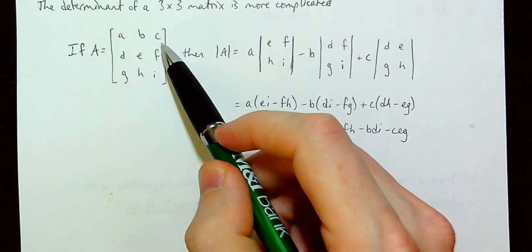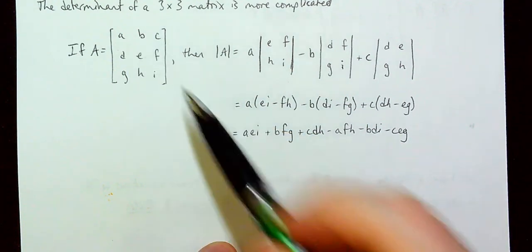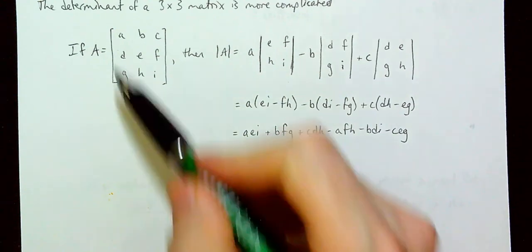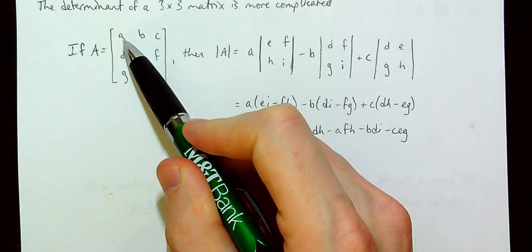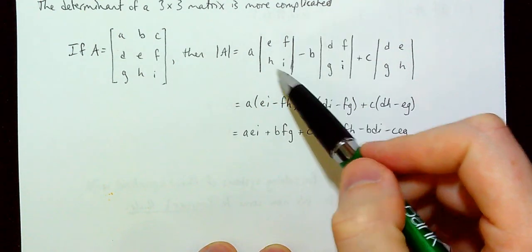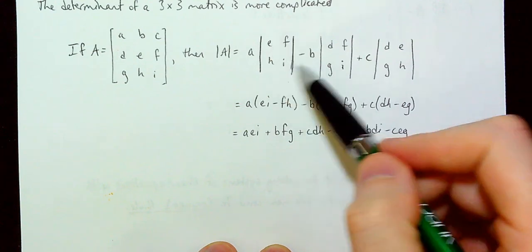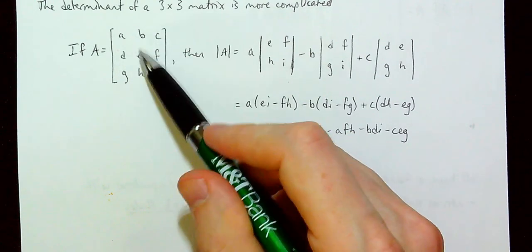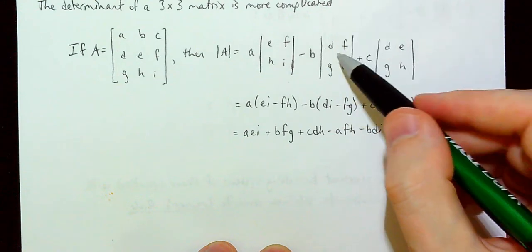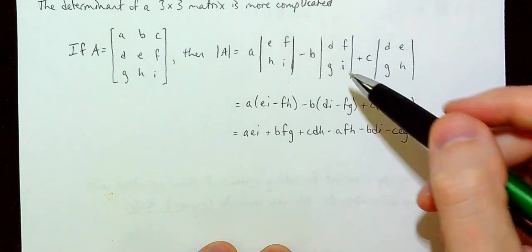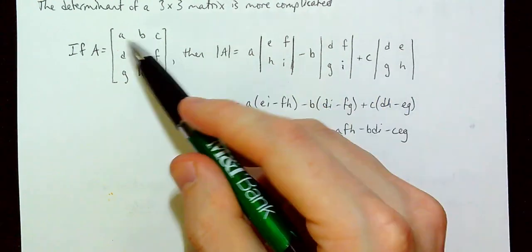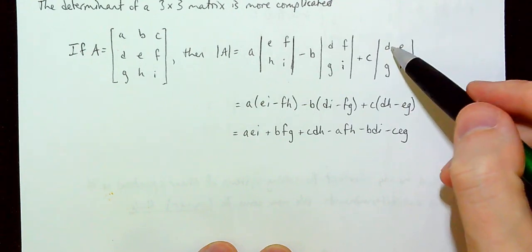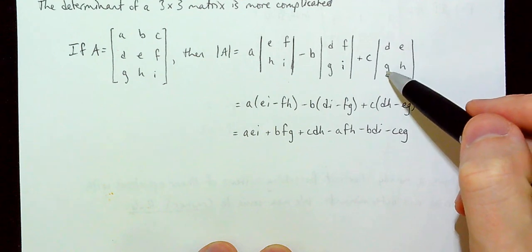So here we have this 3 by 3 matrix, entries A, B, C, D, E, F, G, H, and I. The determinant of A is going to be the entry in first row, first column, times the determinant of this 2 by 2 matrix, E, F, H, I. Then minus the entry in first row, second column, times the determinant of this 2 by 2 matrix, D, F, G, I, plus C, entry in first row, third column, times the determinant of this resulting matrix, D, E, G, and H.